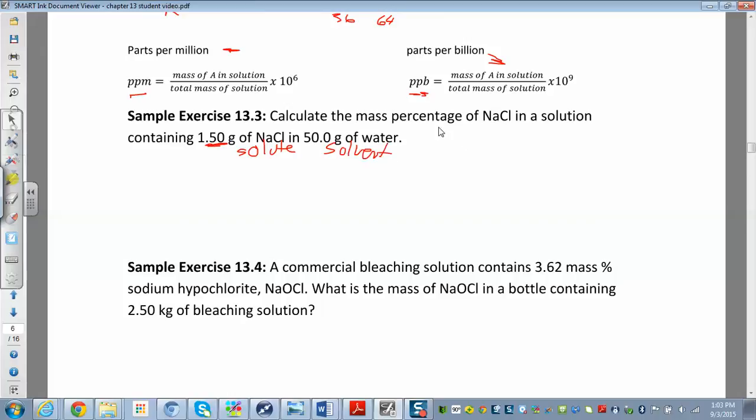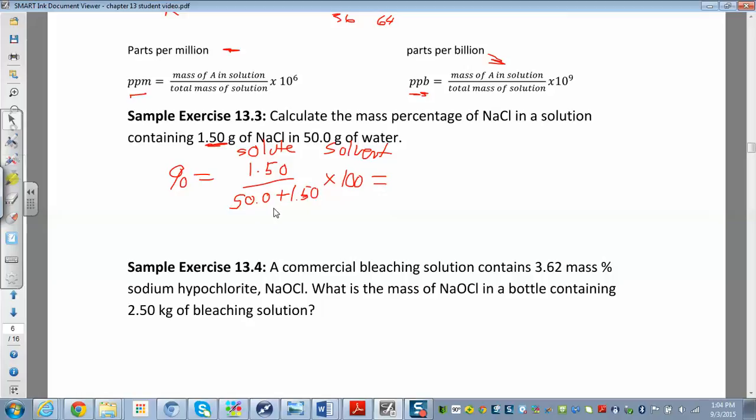And so if you want to find the mass percent of sodium chloride, the mass percent is going to be the mass of the sodium chloride divided by the total mass, which is 50 for the solvent plus 1.5 for the solute, add all those up, times 100. Put that in your calculator. Make sure you add this up first.